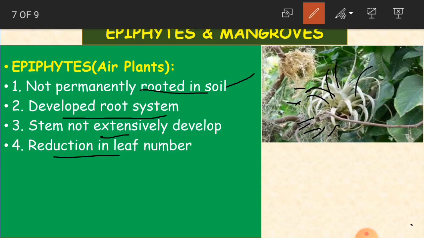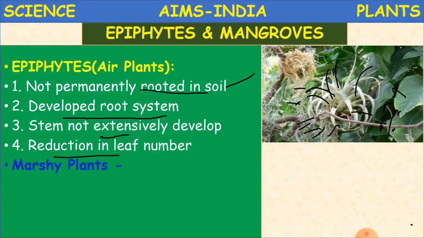It takes whatever water is needed, and the remaining water it sends out as water vapor. That is called water loss. Reduction in leaf number matters because the water loss takes place through the leaves. Clear children? This is about the air plants.